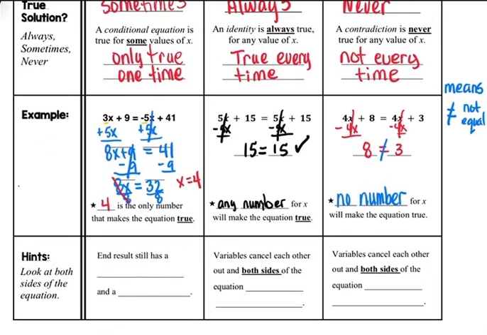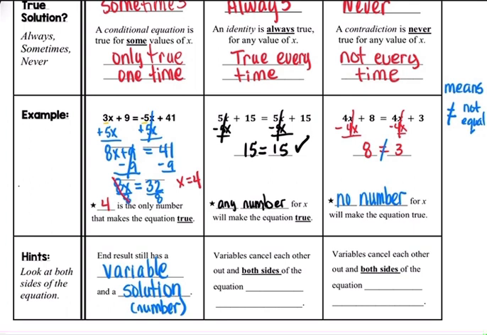All right, let's look at the hints at the bottom. So look at both sides of the equation. When you look at both sides of the equation, the result will have what? A variable and a solution, which is a variable and a number. Okay? So you'll have a variable equal to a number.